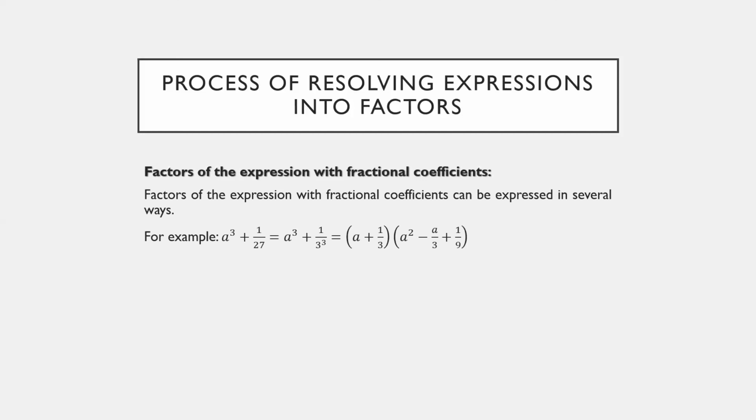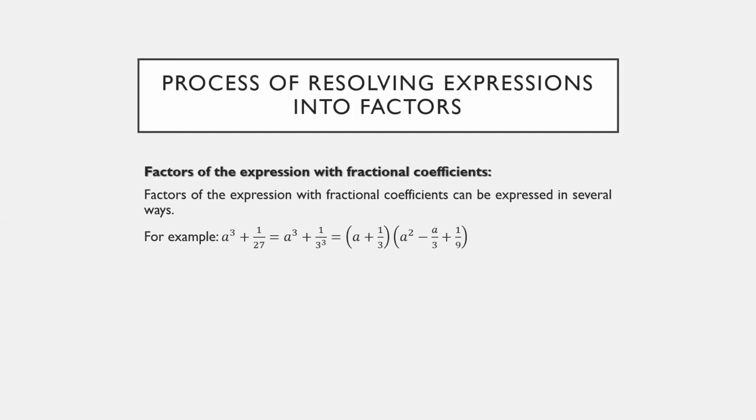Applying that formula, we will have a plus 1 by 3 into a square minus a by 3 plus 1 by 9, as a into 1 by 3 is a by 3, and 1 by 3 whole square is 1 by 9. So we got two factors: a plus 1 by 3, and the other one is a square minus a by 3 plus 1 by 9.